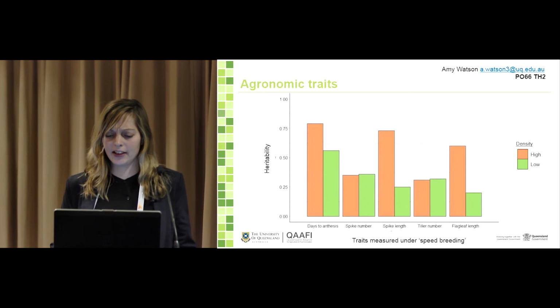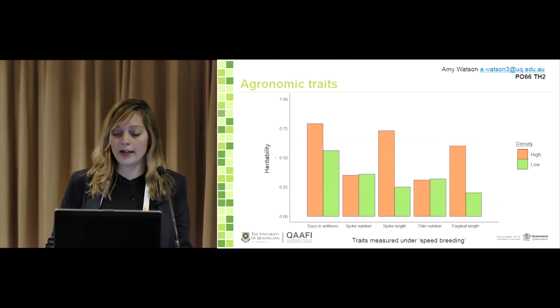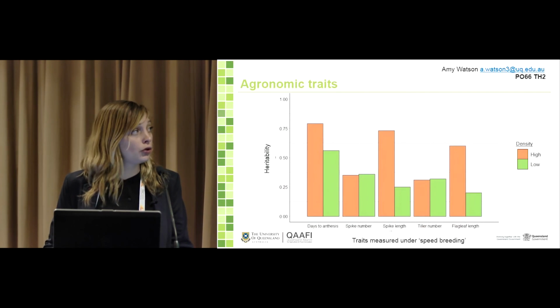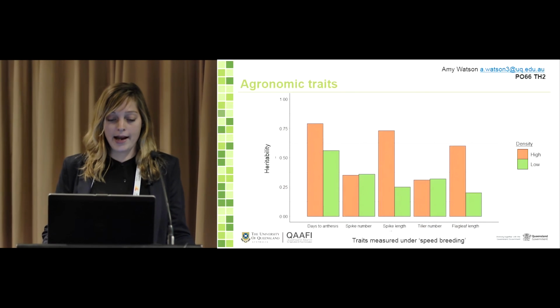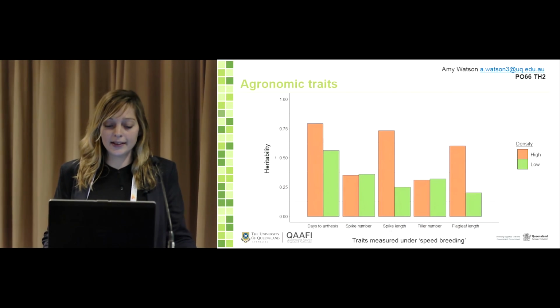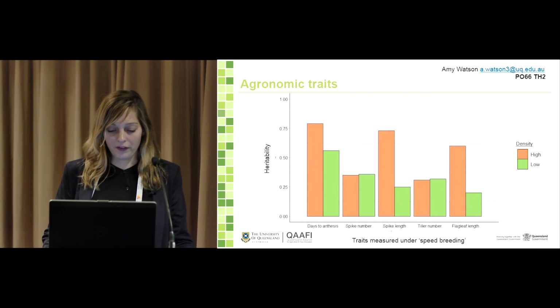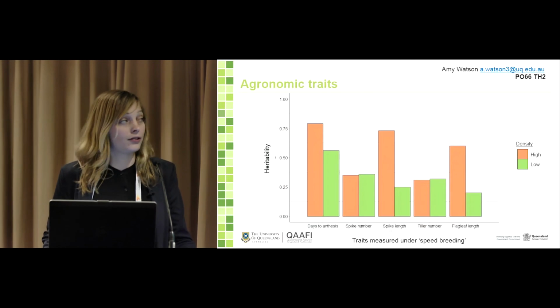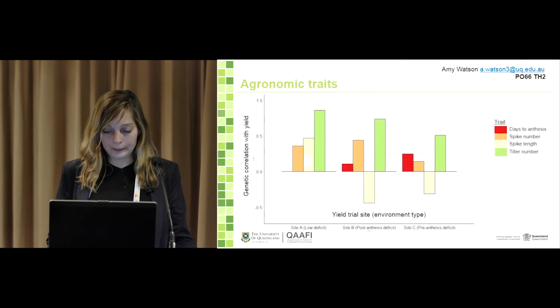The high density corresponded to 12 plants in a 4-liter pot, and the low density to 2 plants in a 1.4 liter pot. She found some nice heritabilities, especially for the high density, for spike length and days to anthesis.